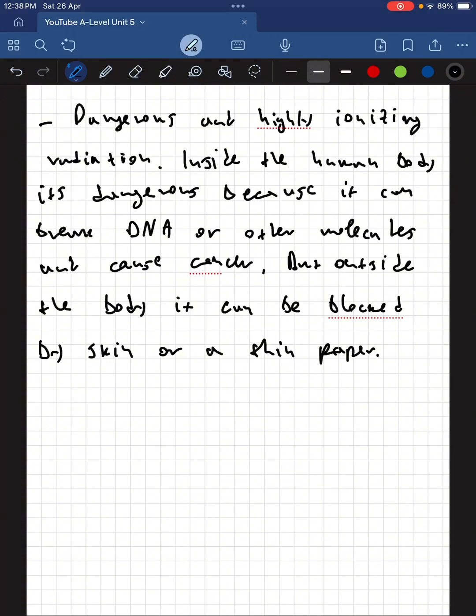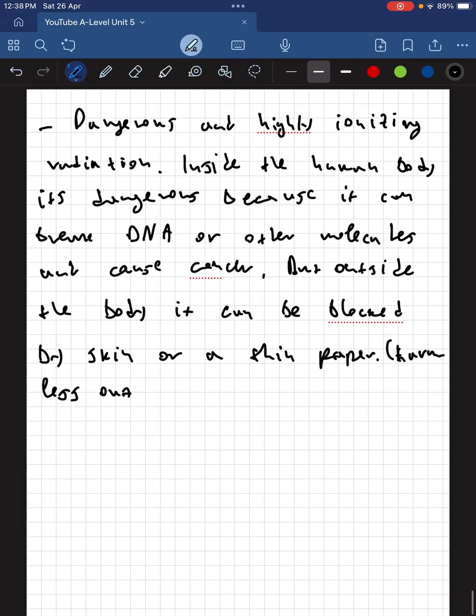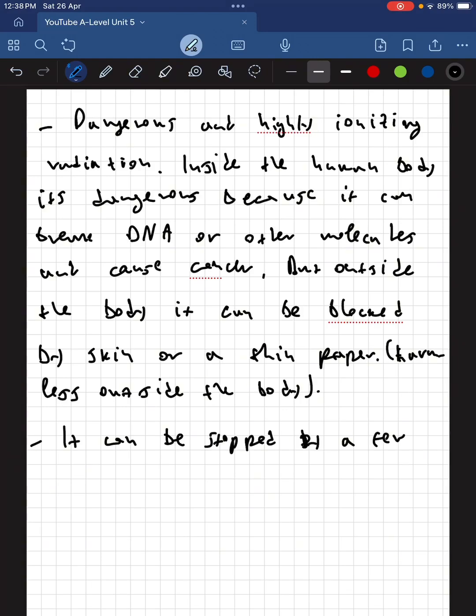Okay, and so it's harmless outside the body. Also, let me mention this. It can be stopped by something like 2 to 3 centimeters of air.